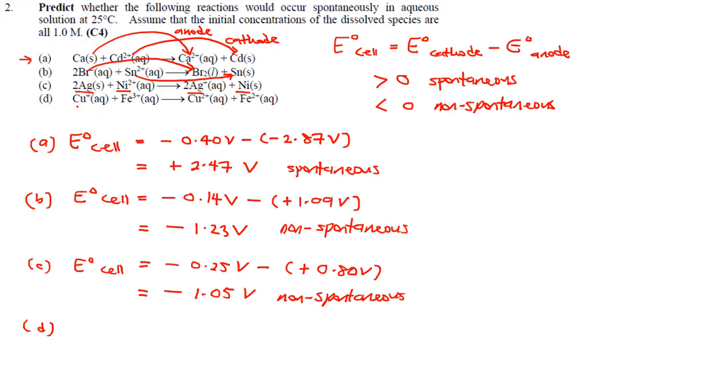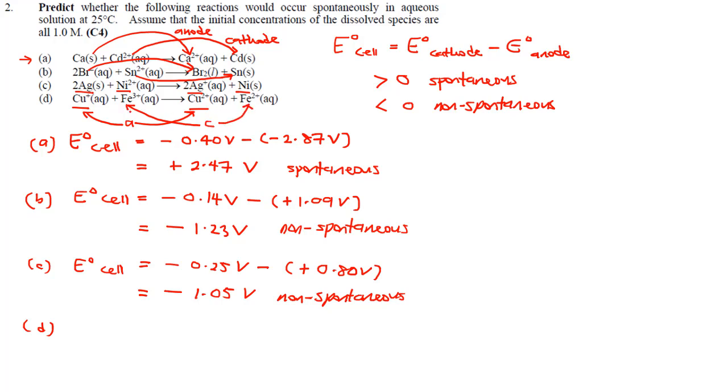So copper undergoes oxidation from Cu plus to Cu2 plus. So itu adalah kita punya anode lah, alright, so this is our anode. Dan Fe tu undergoes reduction, kita punya cathode lah.